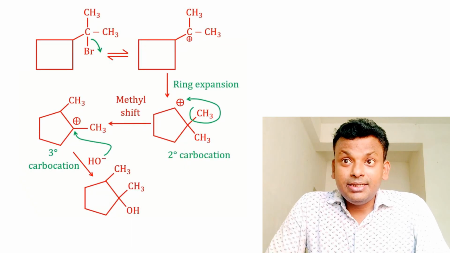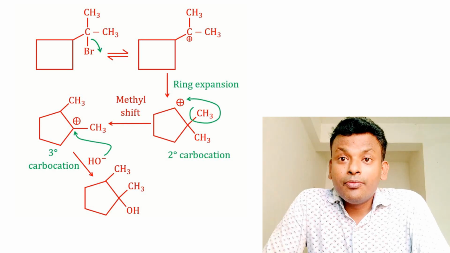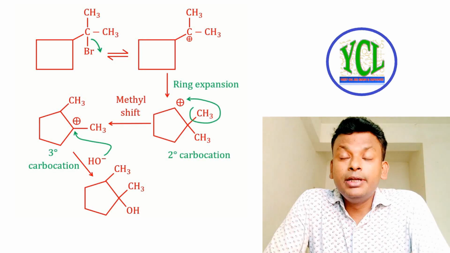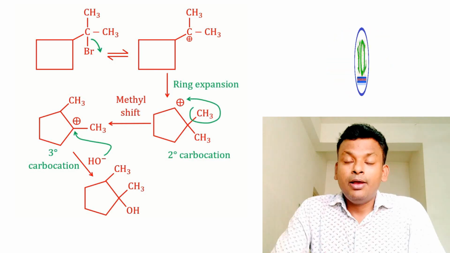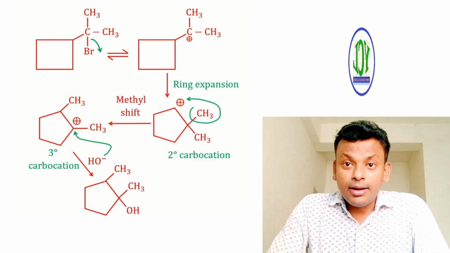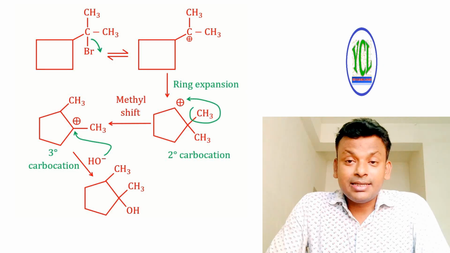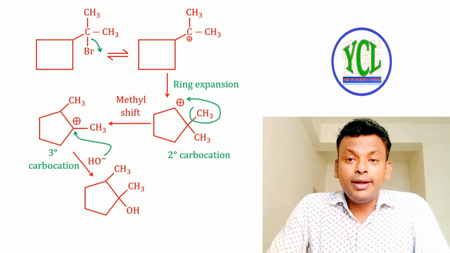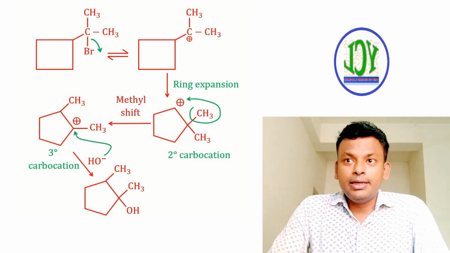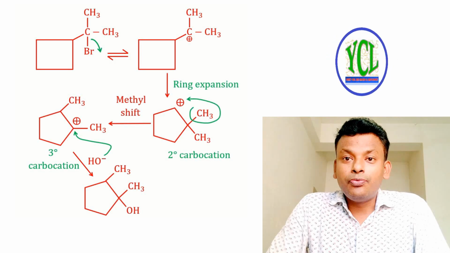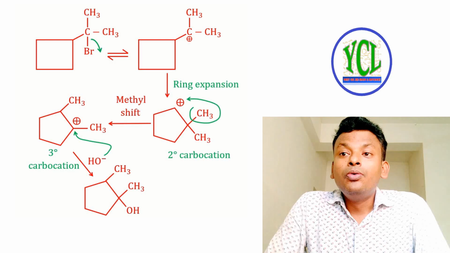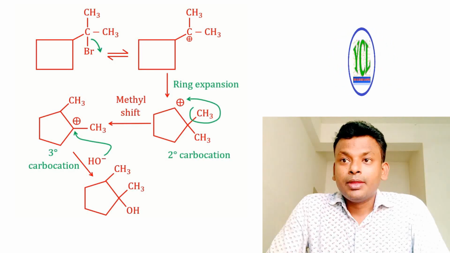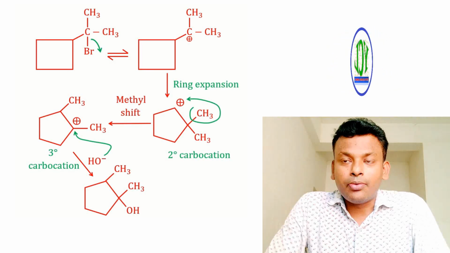In this example, first Br leaves, forming a carbocation. We know that a 5-member ring has less ring strain than a 4-member ring, so to relieve the ring strain, the 4-member ring is converted to a 5-member ring, forming a 2-degree carbocation.